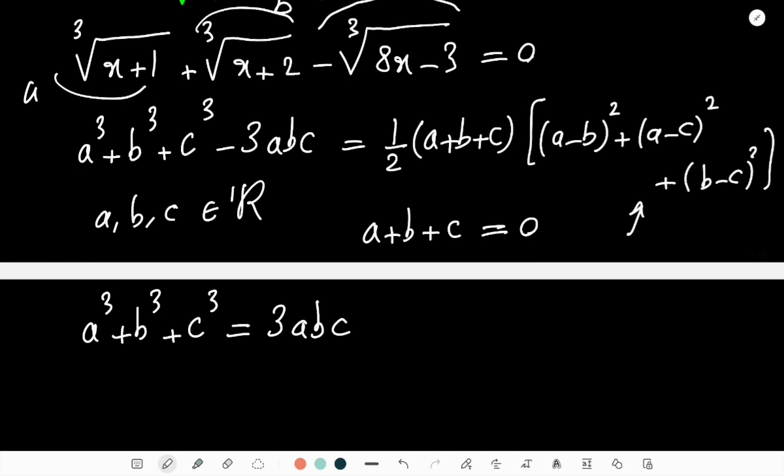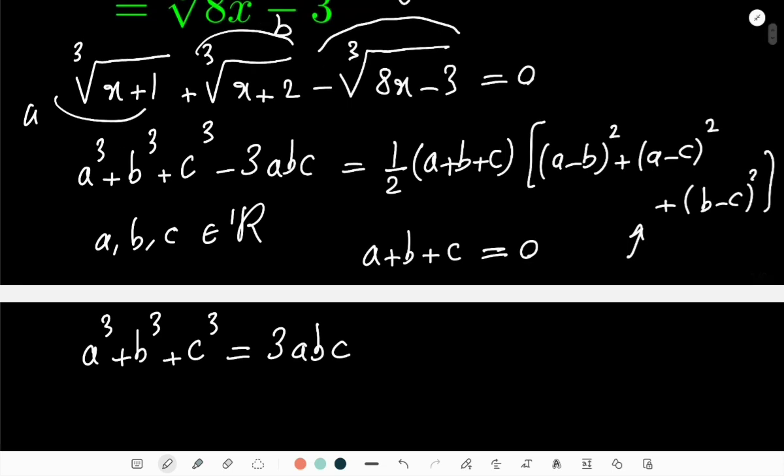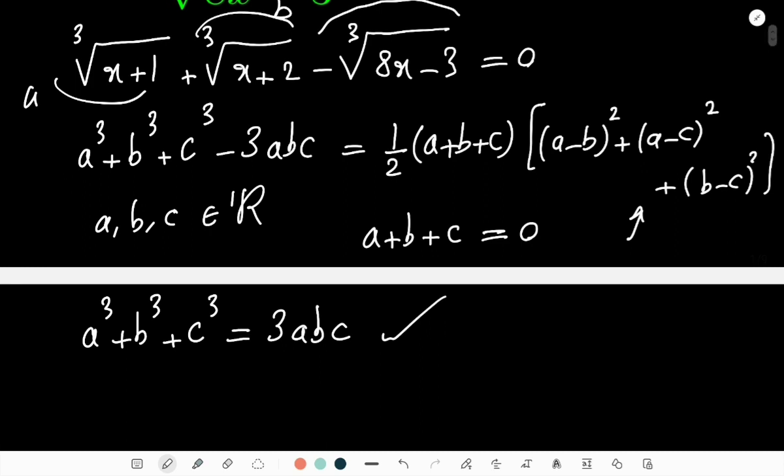The good thing about this is the left hand side can be easily simplified because I have cubic root and then the power 3, and they will cancel out each other. So a to the power of 3 will be x plus 1, and then I have x plus 2, and then I have minus (8x minus 3).